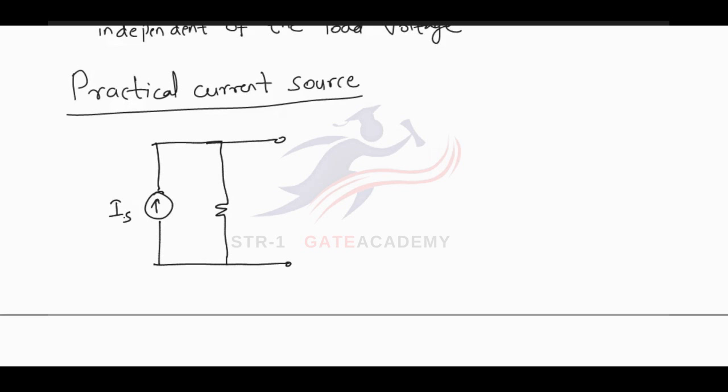So this is IS, RS is the source resistance, and again I have to connect a load for the current to flow. This is my variable load, and I'll pass a current I across this. This is my load voltage V.